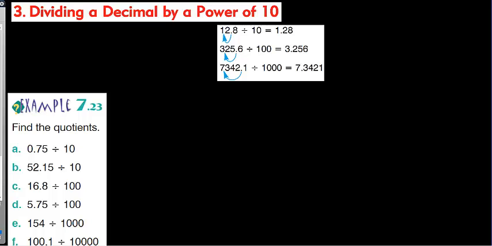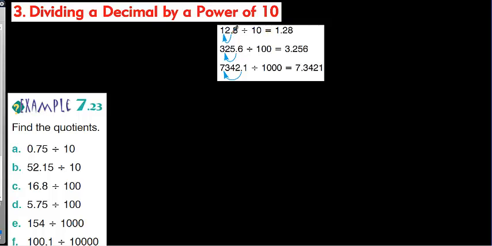now when we multiply by a power of 10, we were moving the decimal point to the right side. Here, when we are dividing by a power of 10, we are going to move the decimal point to the left side. So if I do some exercises here, 12.8 divided by 10.